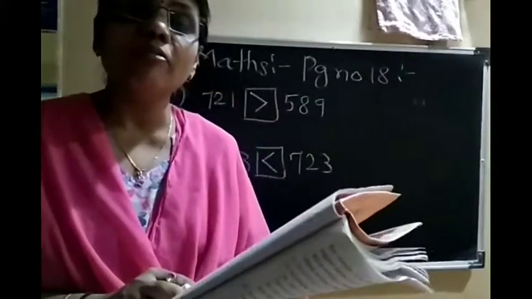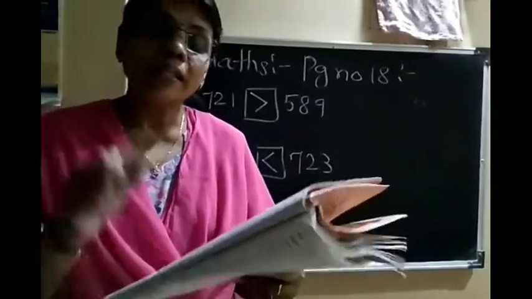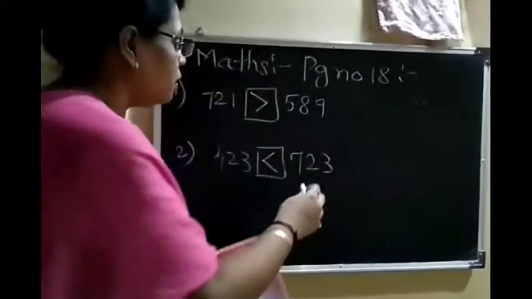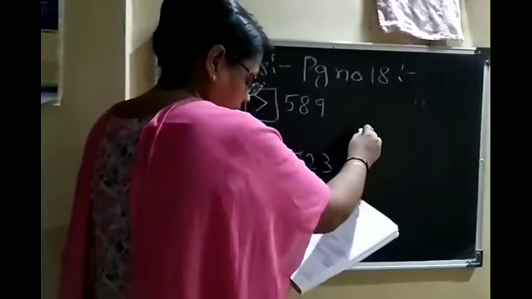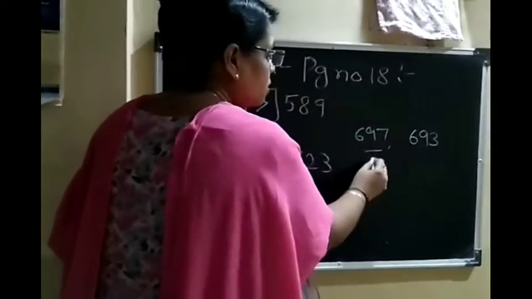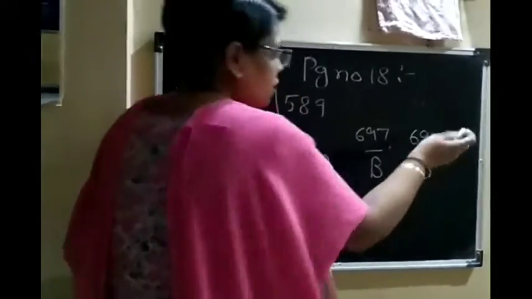Just concentrate on the given figures, and then you have to mention that particular figure. Suppose just now I said 697 and 693. This one is bigger and this one is smaller.